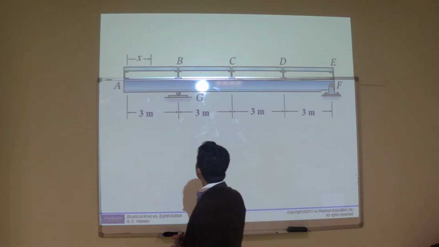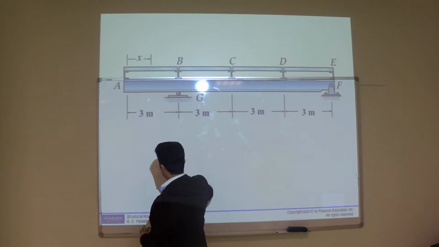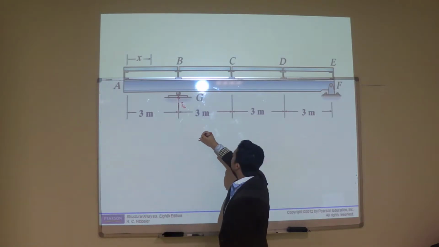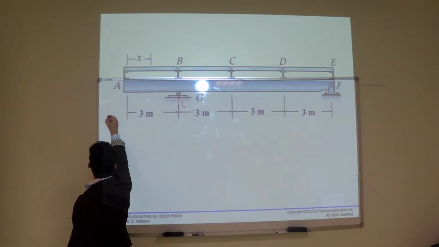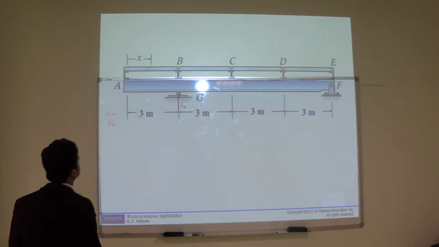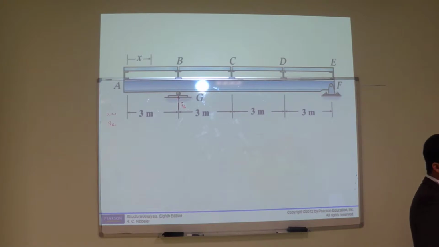So when the load is at point A, when x is 0, how much will be RB?